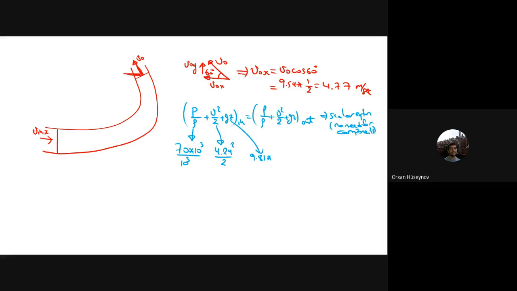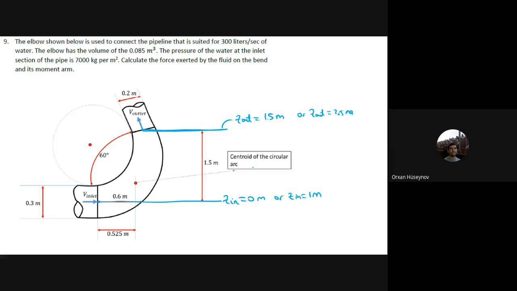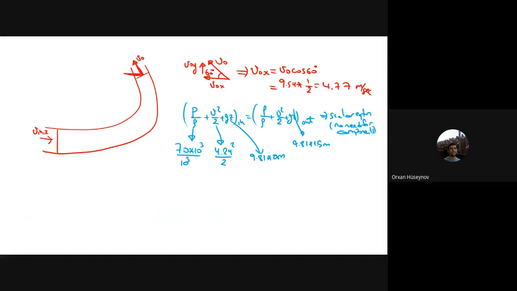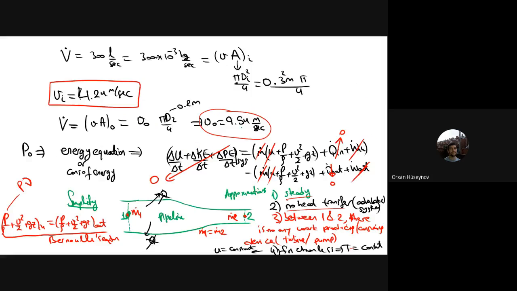At the end, you will take the difference of it. So here, if I take the first one as 0 meters, then the second one will be 9.81 multiplied with 1.5 meters. Okay. The difference in height is important, not the height itself. So it is the same as the potential energy. When we say the potential energy, we are looking for the difference in height, not the absolute value of the height. Good. Now the V squared by 2 for outlet, we have found it, it is 9.54.